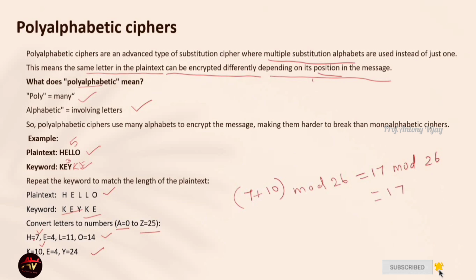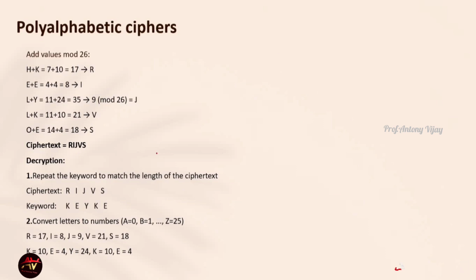So instead of H, it will be replaced with R. This is the first character, R. Likewise, E plus E: you add the plain text letter and the key letter, so 4 plus 4 is 8.